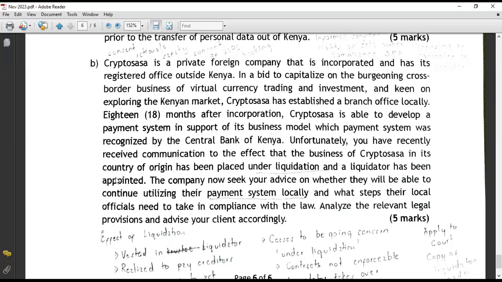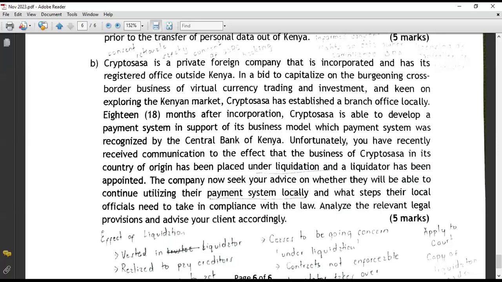That is what I got to see. So their payment system locally will continue. Of course, this is a topic on financial payment systems and companies combined.